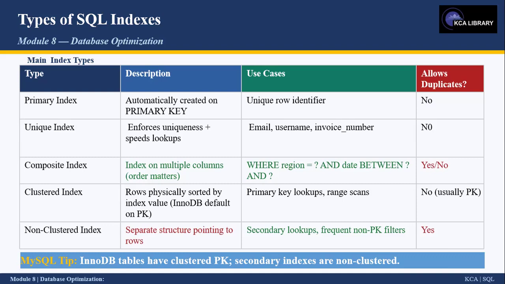In a clustered index, rows are physically sorted by the index value, while a non-clustered index is a separate structure that points to the actual rows. The primary key is clustered, while secondary indexes are non-clustered.